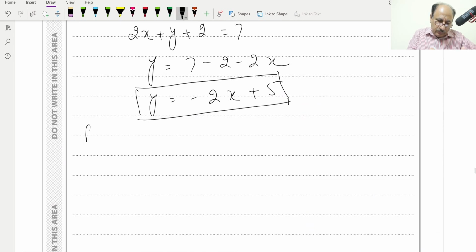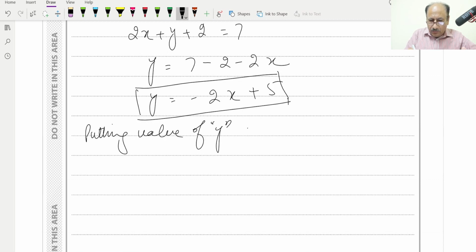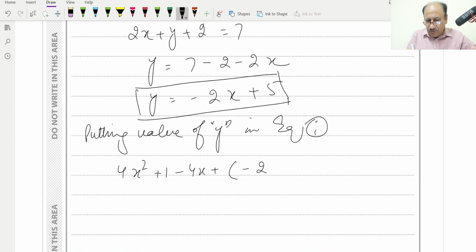So putting the value of y in equation 1, this will be 4x square plus 1 minus 4x plus, instead of y we will be putting minus 2x plus 5 whole square, is equal to 98.